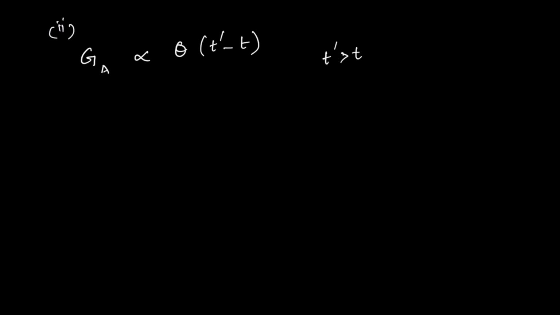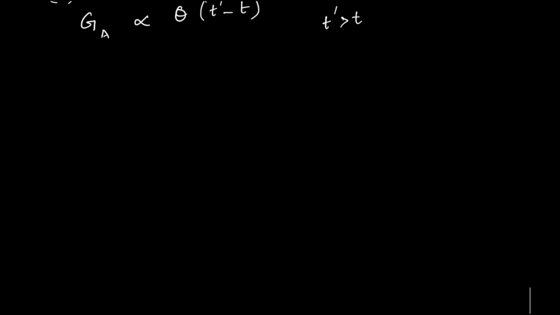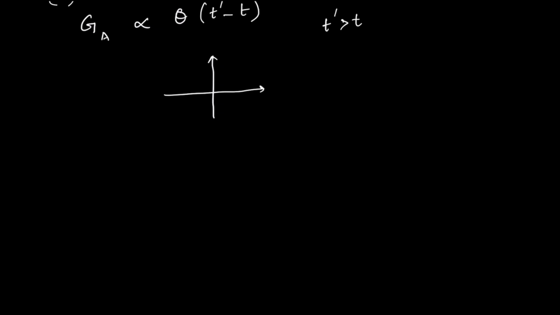Then you must go in the opposite direction. You have a singularity here and a singularity here. You go in the opposite direction and close the contour in the opposite direction.